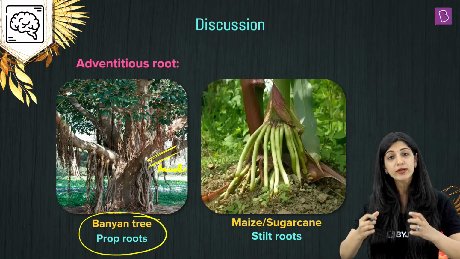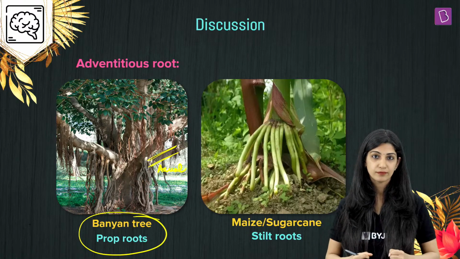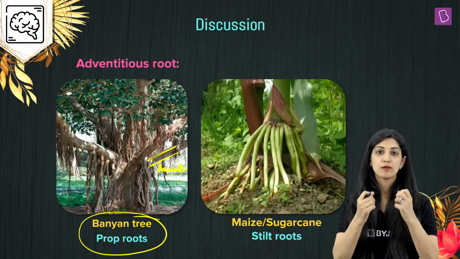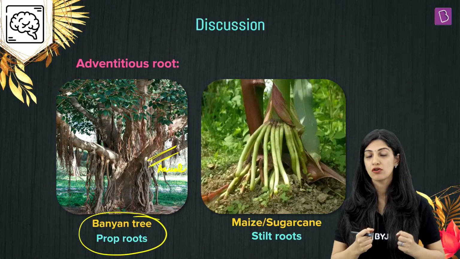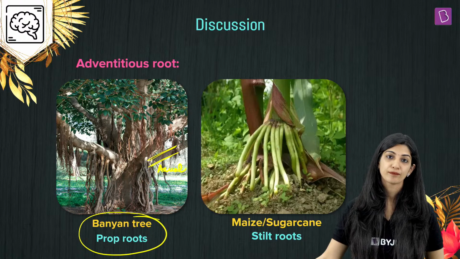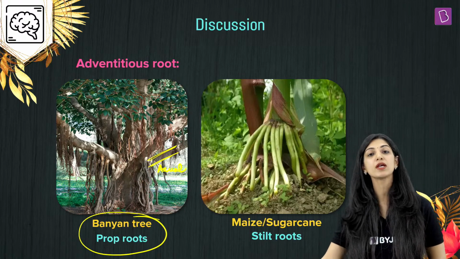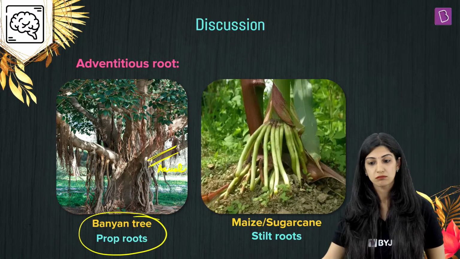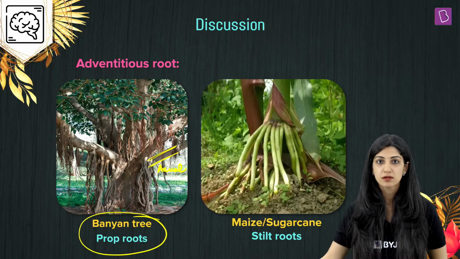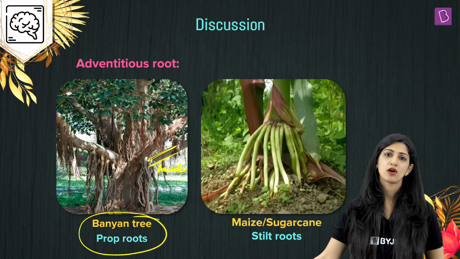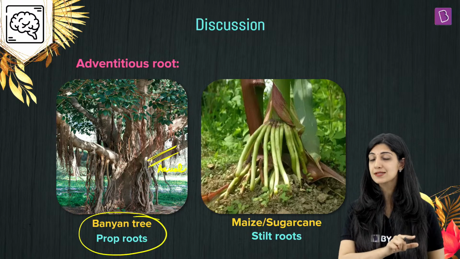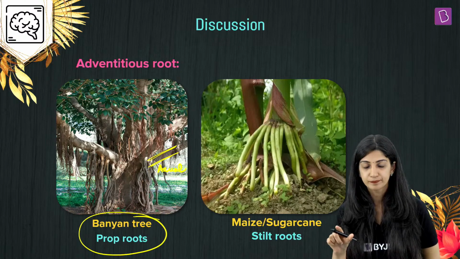They are ultimately going to penetrate into the ground, okay, and provide that extra force, provide that extra strength for the banyan tree. Hence, they are called the pillar roots. And because of this, banyan tree can grow up to 200 years, and they can have thousands of prop roots hanging down, yeah, and the purpose is mechanical support.